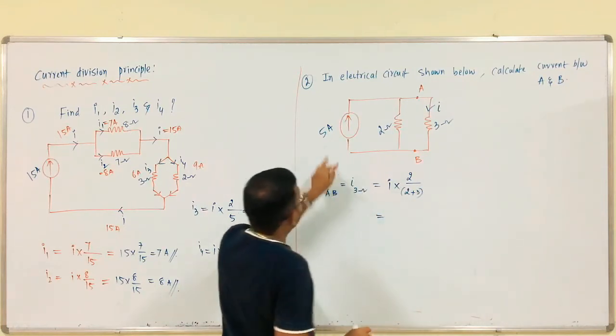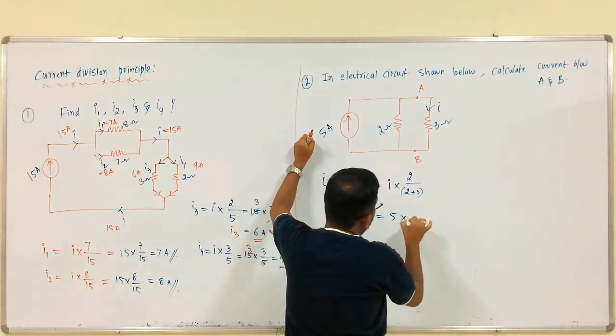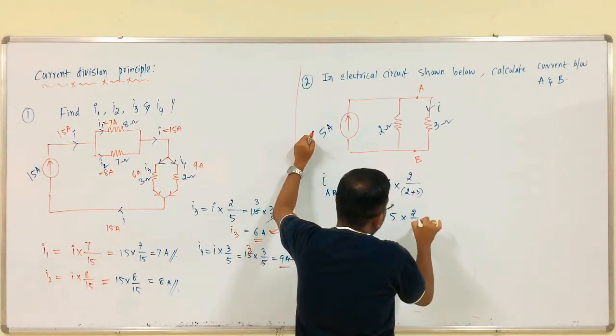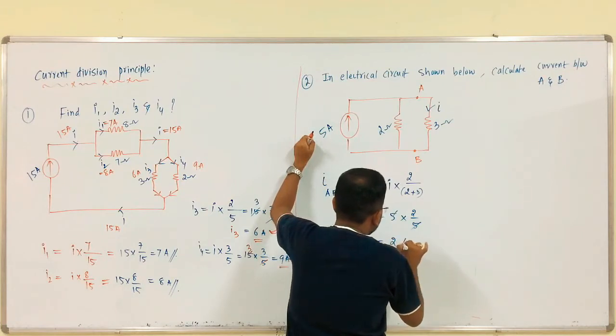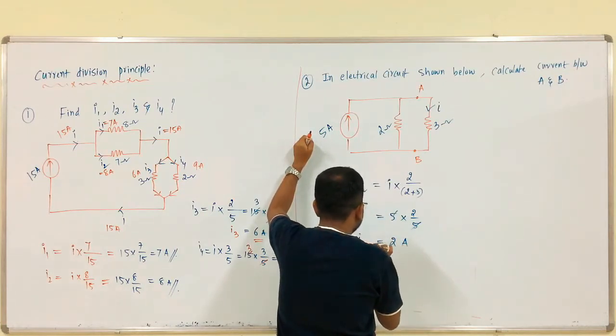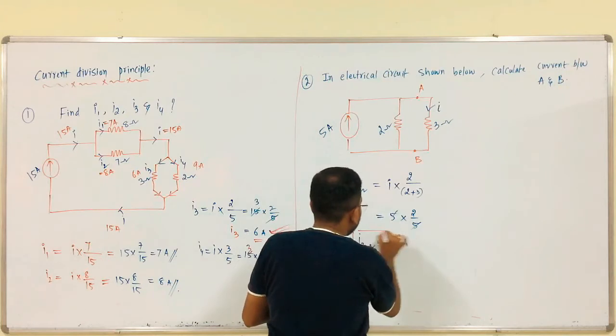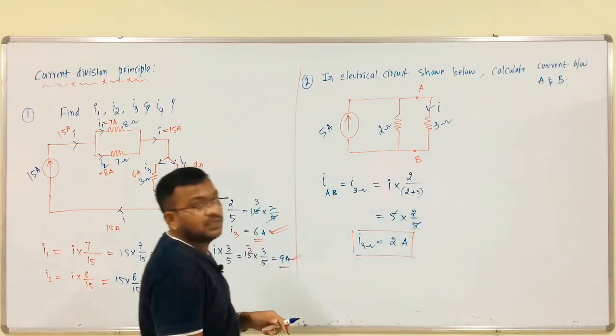The total current is 5, so 5 into 2 by 5, which equals 2 amps. That is, the current through the 3 ohm branch is 2 amps.